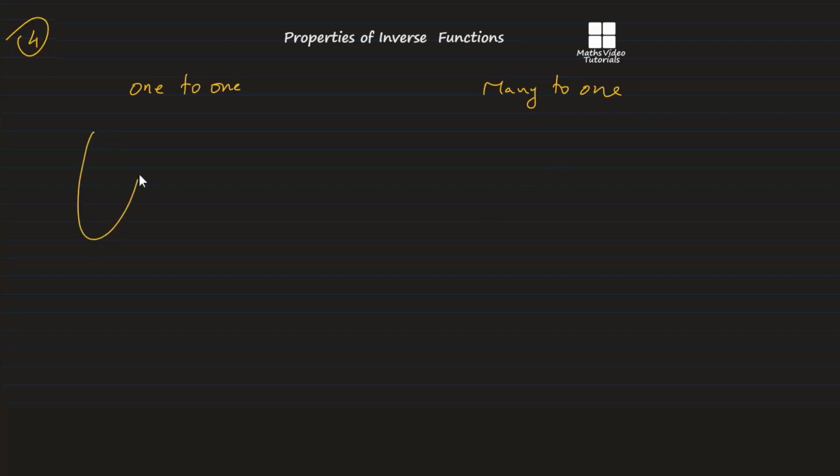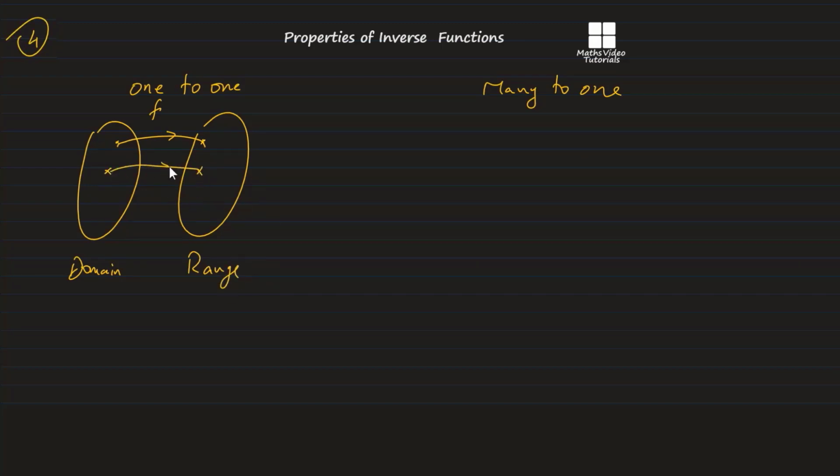One-to-one looks something like this. This is the function f. We have one value from the domain, links up to one value only from the range. Do another example, and so on and so forth. One to one.